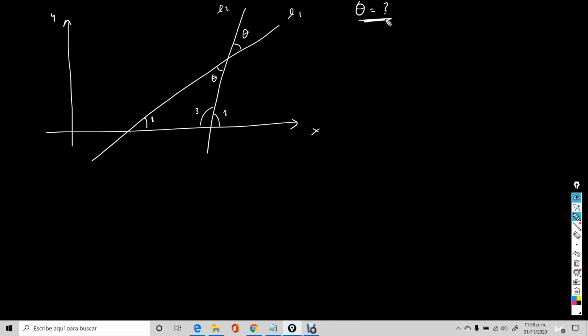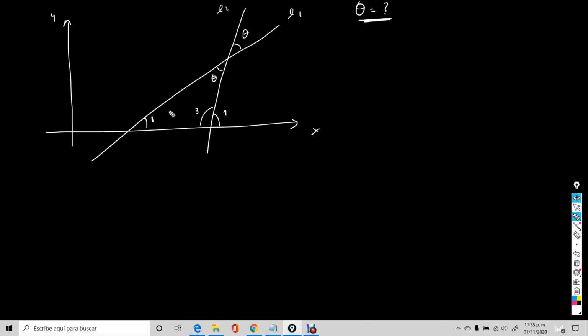What do we do? We can get this angle by knowing the angle 1 and the angle 2 of these two lines. Why? Because of the following.